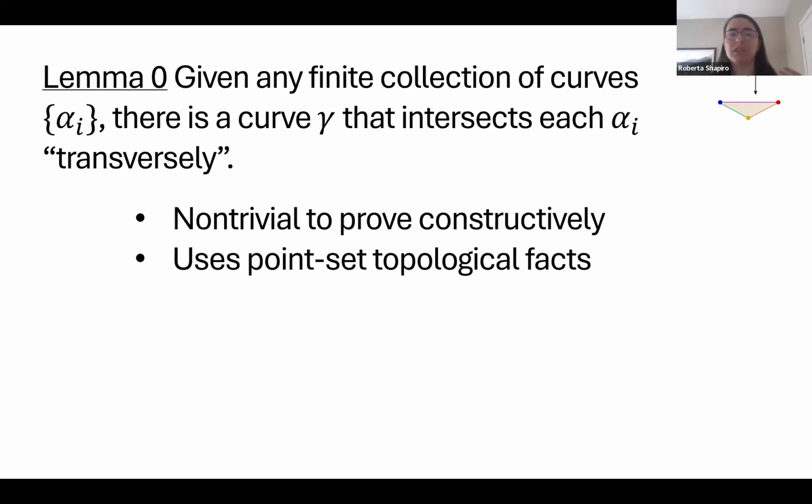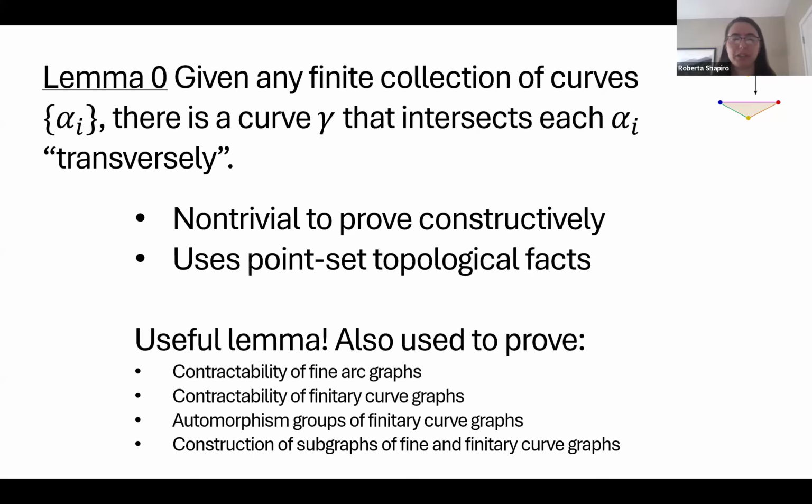And in fact, although this makes sense, it is actually a non-trivial lemma to prove constructively, so like actually construct our curve gamma. And moreover, to prove this, we use a lot of straight up point set topology. And it is also a very useful lemma because it can be used to prove various topological and combinatorial results about curve graphs. And pretty soon it's going to be geometric results as well.